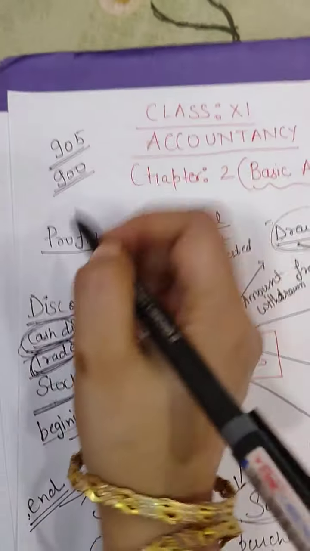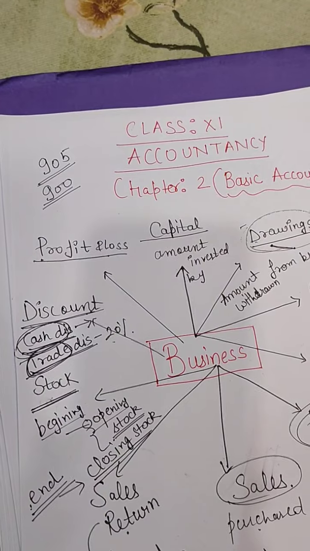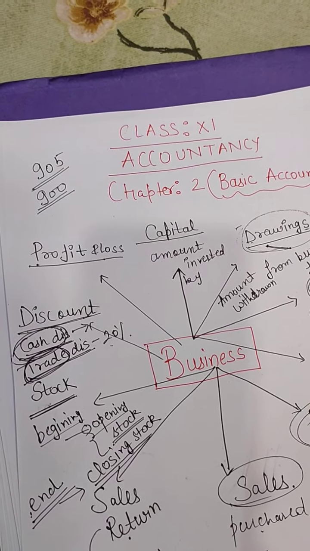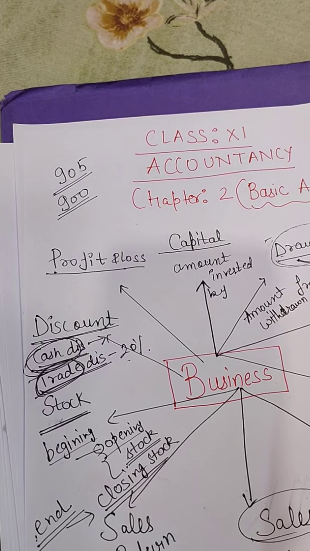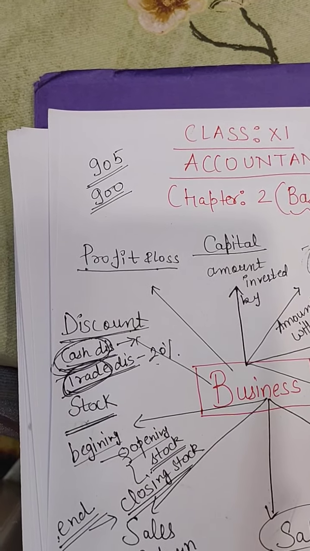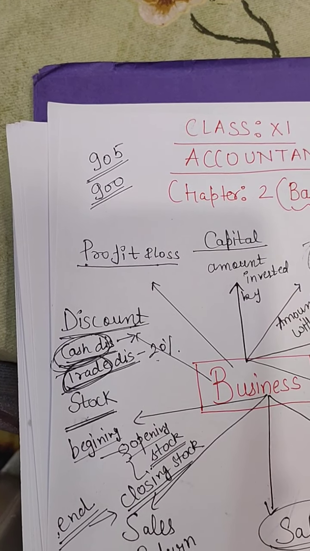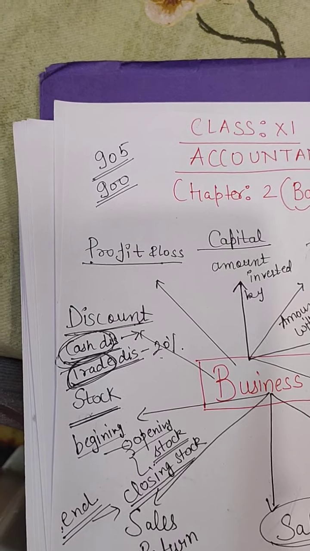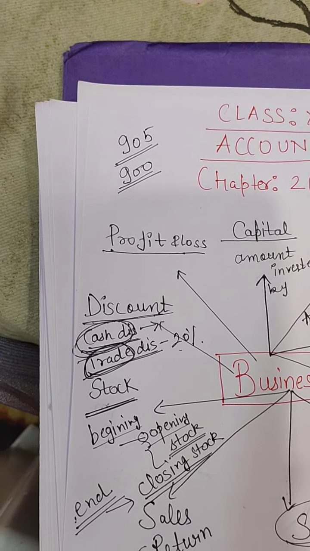Now next is profit and loss. Every business's main aim is to know whether you are earning profit or incurring loss. So you should know the meaning of profit and loss. Profit means income earned by the business from its operating activities, the activities carried out by the enterprise to earn profit.